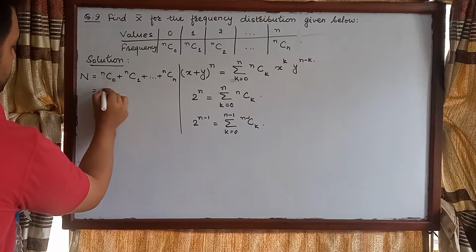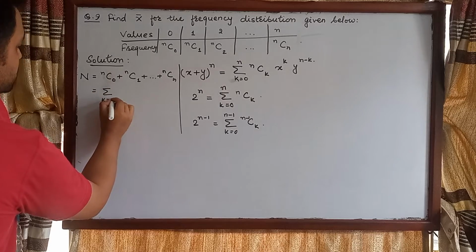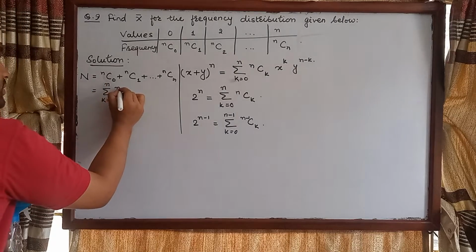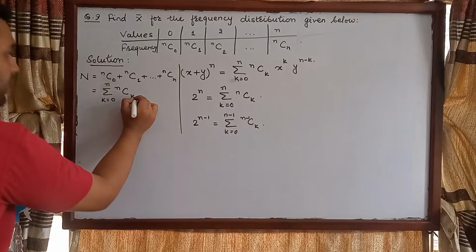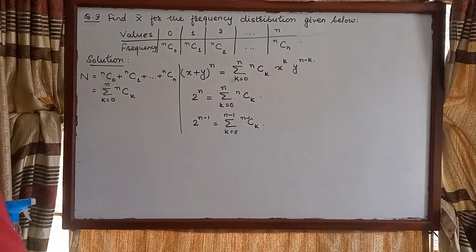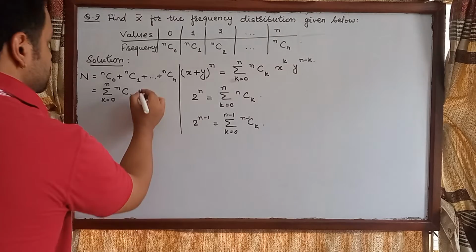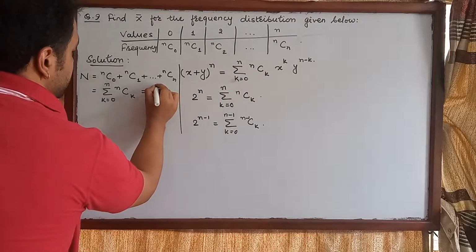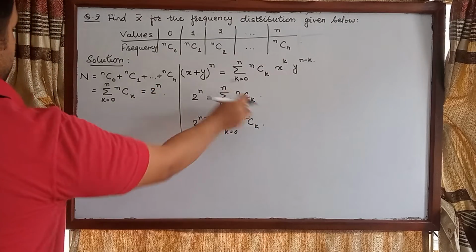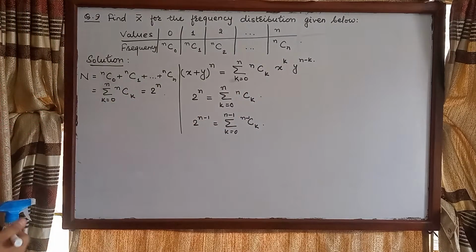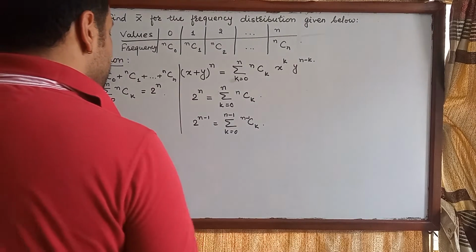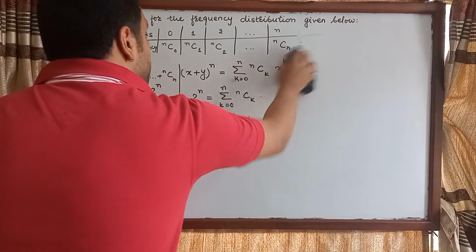So this is basically k runs from 0 to n of nCk, which is equal to 2 raised to the power n. So we're basically done with the first part.